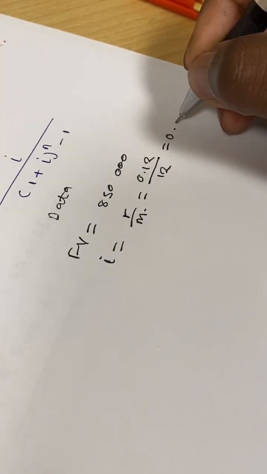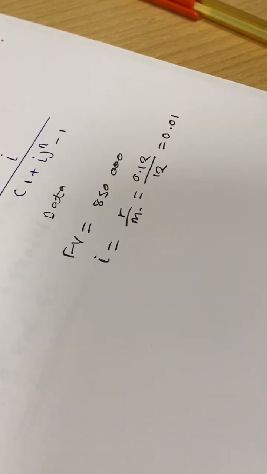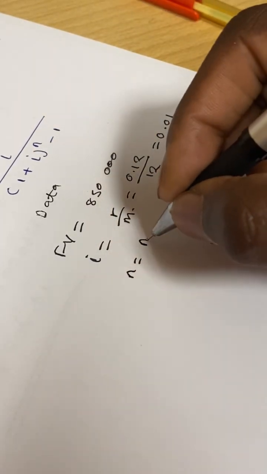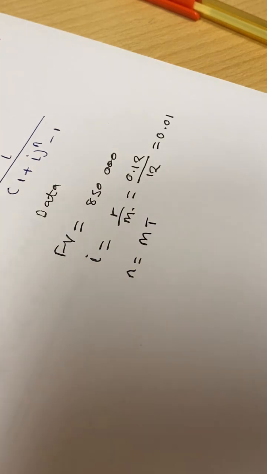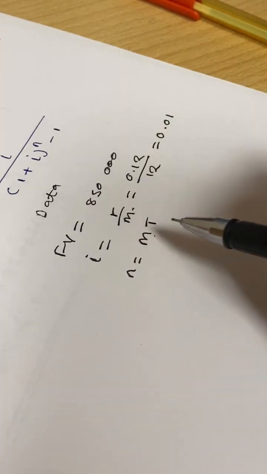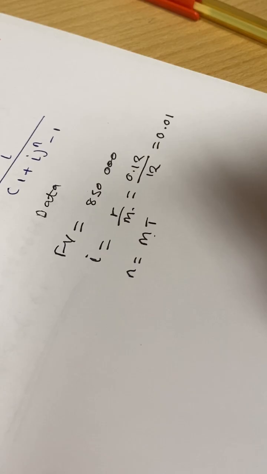So my I is 0.01. Okay, then what else? We need to find N. N is given by M times T. M stands for the number of compounding periods in a single year, then T stands for time in years. Our M, we have said, is 12 because it's compounded monthly.